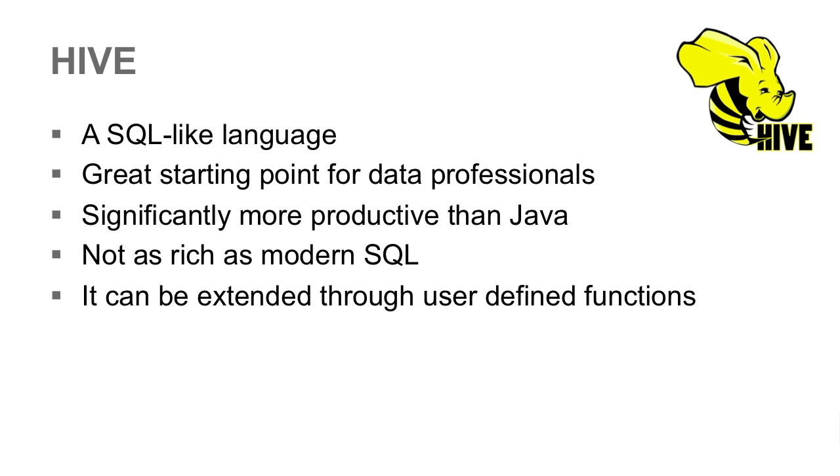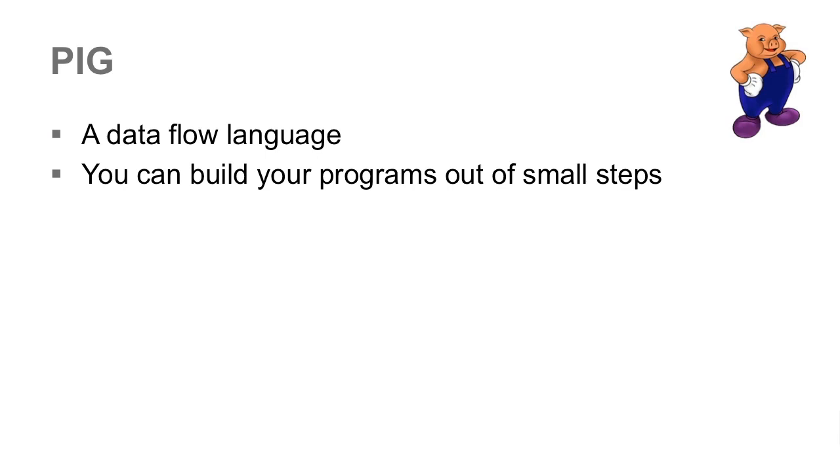One of the possible drawbacks of Hive is that as you are writing SQL, you may have to write a complex SQL statement at once, so it may be difficult to write Hive programs little by little. Pig is addressing this issue. Pig is a data flow language, and its advantage is that we can build our programs out of small steps.